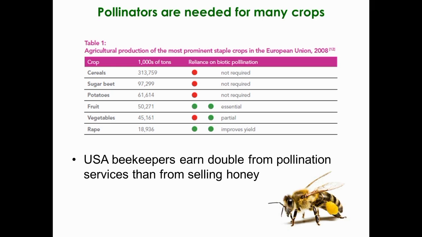The farmers ask that the beekeepers come in, they let their bees do their thing for a period of time, obviously at a cost, and then once the almond crop has been pollinated, they can move on to the next crop, such as peach or to the orange groves, and these beekeepers are earning more money from this pollination service than they are from selling the honey. Such is the need now for this artificially induced pollination of the crops because the natural pollinators are in such significant decline.